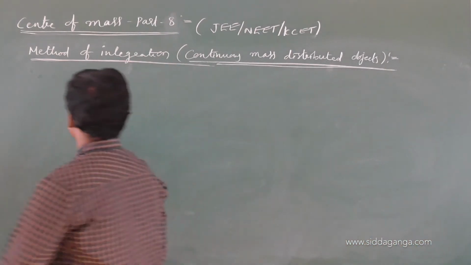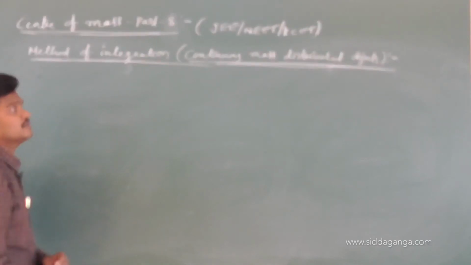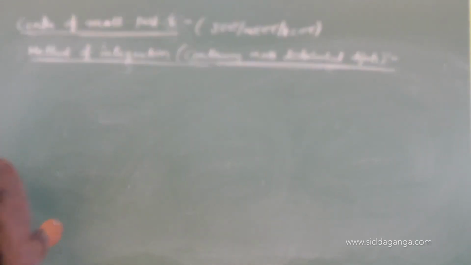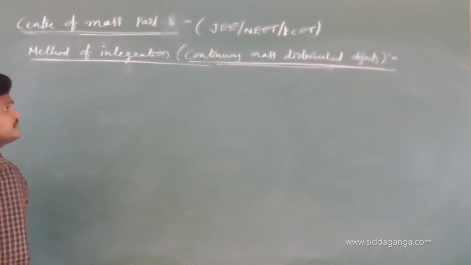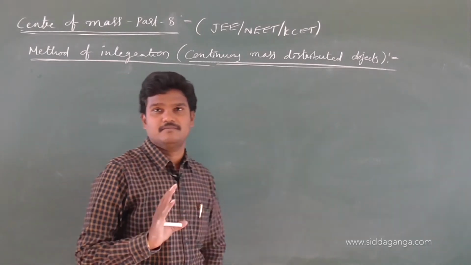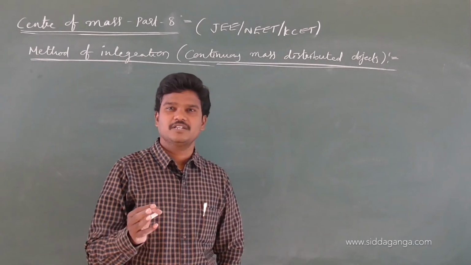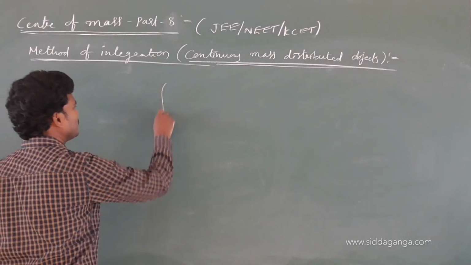So first, continuous mass distributed objects. Let me give one example now. To solve continuous mass distributed objects, I am going to use the integration method. Integration of x dx, integration of x to the power of n dx. I think you know these basic formulas.